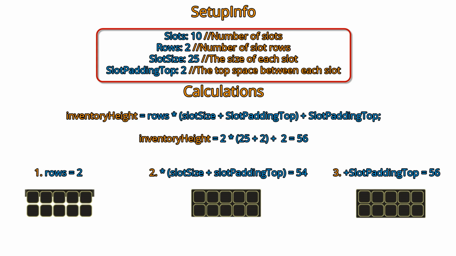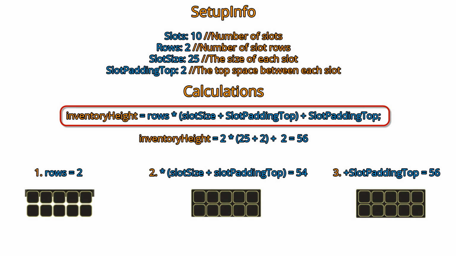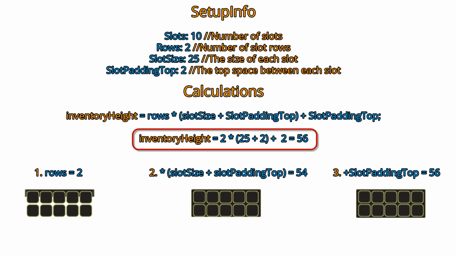Anyway, the height of the inventory is calculated by saying amount of rows, which is 2, multiplied by the size of the slots plus the slot padding top. And then, like before, to get the correct size, we add the slot padding top again. So the inventory height is 2 multiplied by 25 plus 2 again, which is 56.